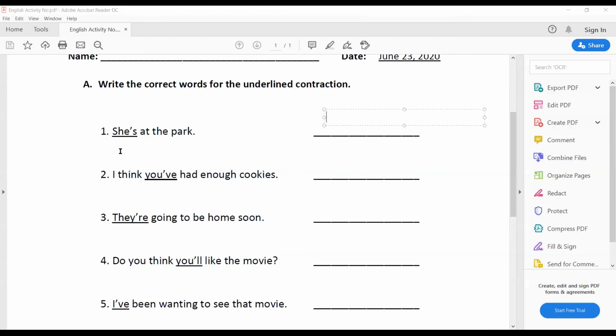Number 1, the contracted form she's, right? So you have to answer she is. Do you understand? You're going to answer she is. And then number 2, the underlined word, we have you've. What do you think is the word or the words?